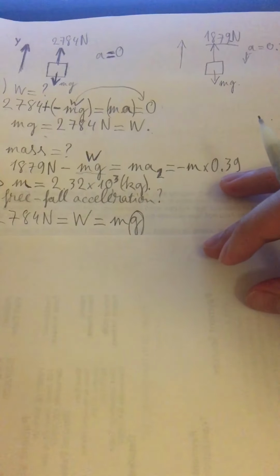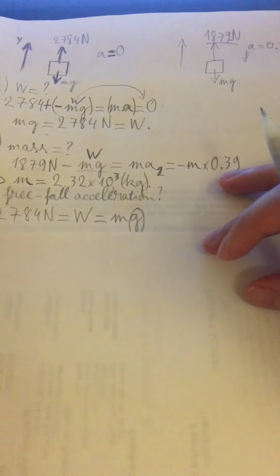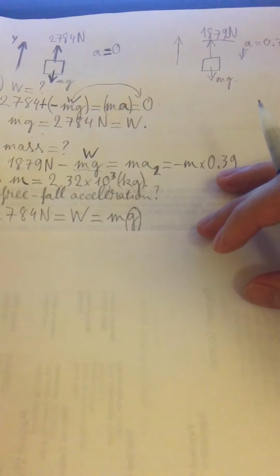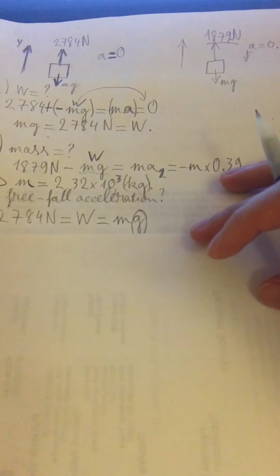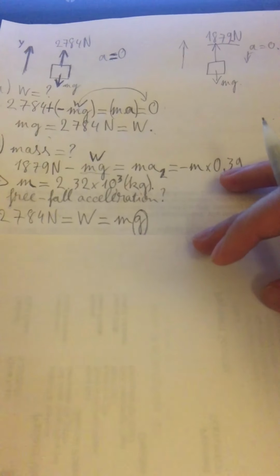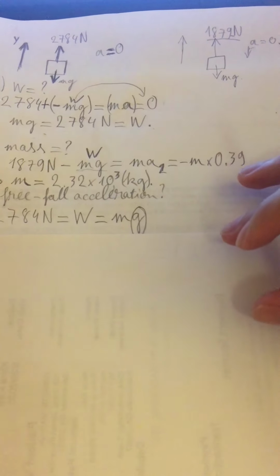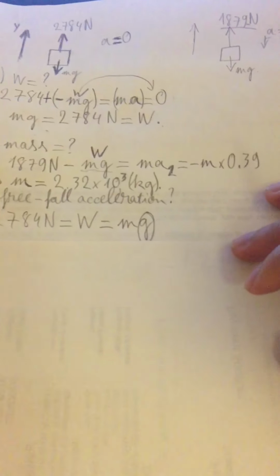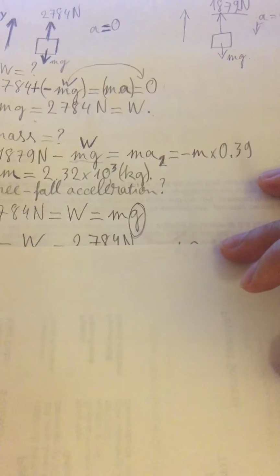So all we gotta do is plug in the numbers we just calculated in the two previous questions to solve for the free fall acceleration.